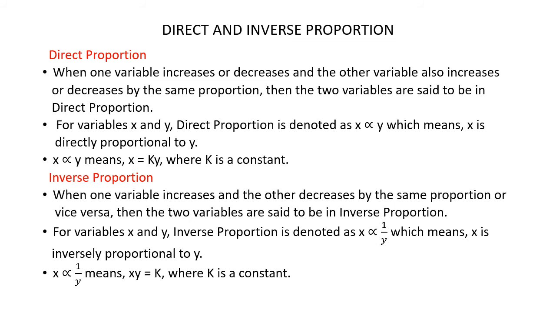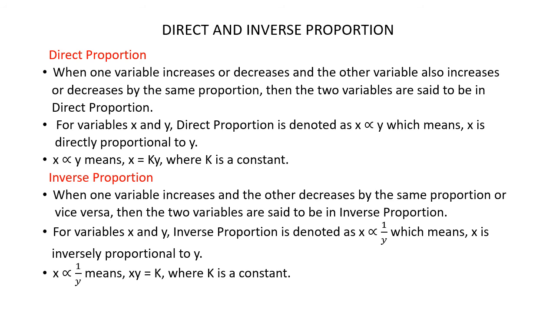Let's understand the concept of direct proportion and inverse proportion. So what is direct proportion? When one variable increases or decreases and the other variable also increases or decreases by the same proportion, then the two variables are said to be in direct proportion.